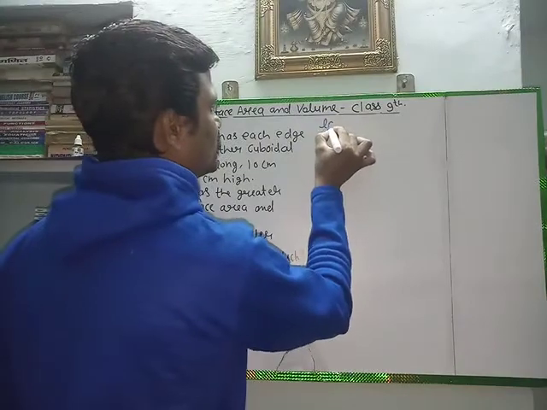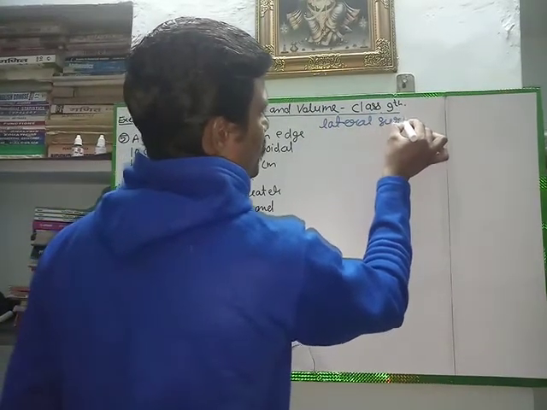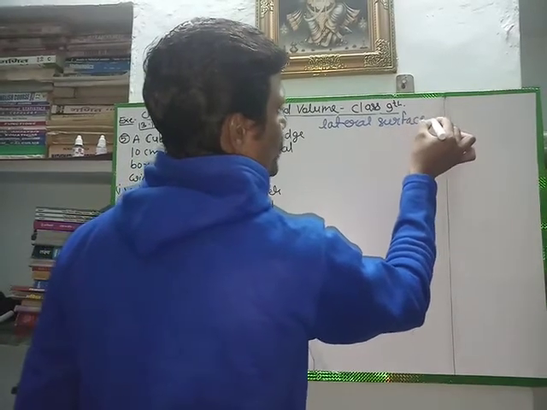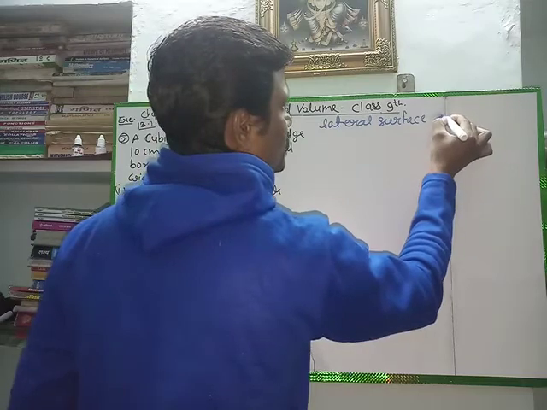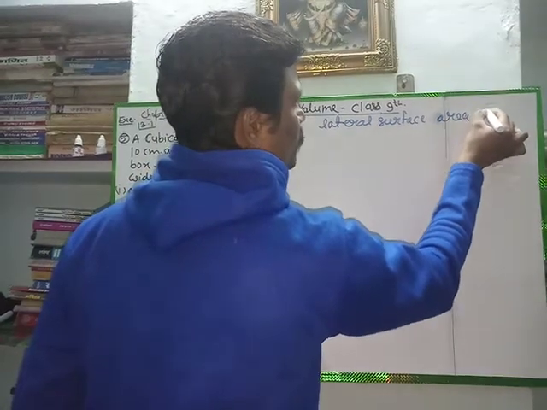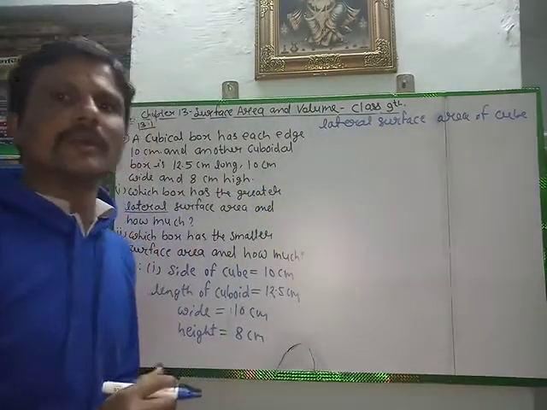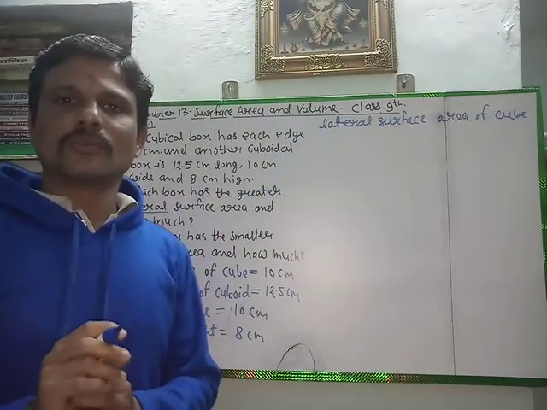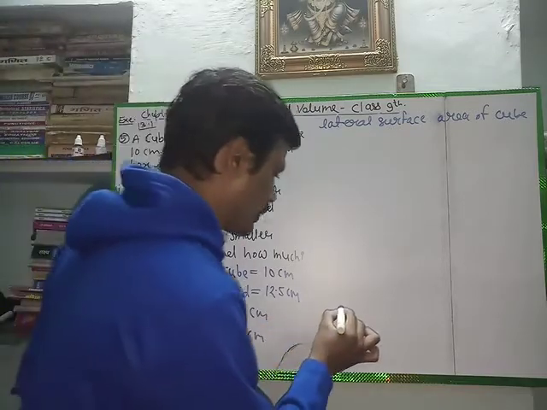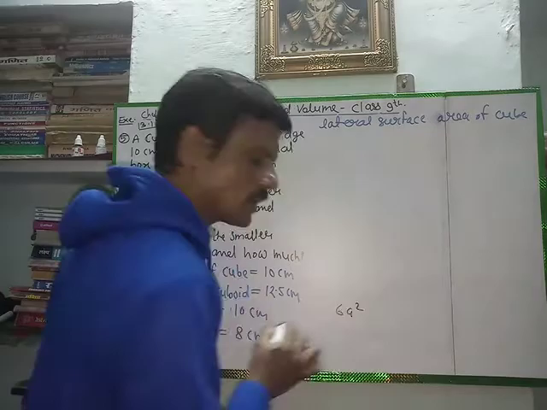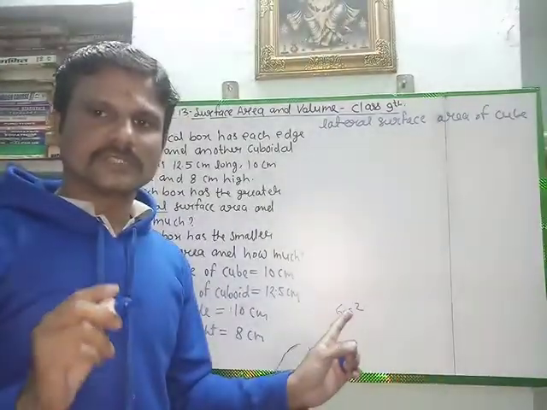Lateral surface area of cube. What is the lateral surface area of cube? Total surface area of cube is 6a square. ठीक है, because there are 6 faces.